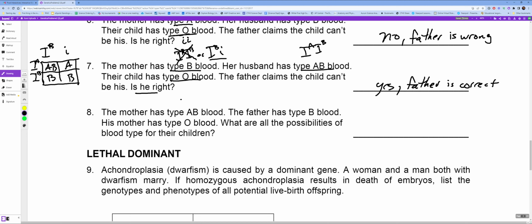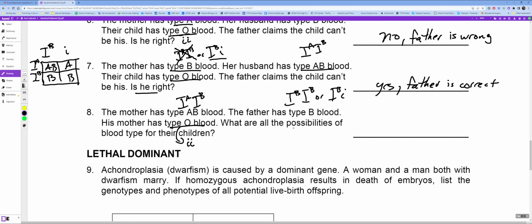Mother has type AB blood, IA, IB. Father has type B, which is either IB IB, or IB little i. His mother has type O blood, little i, little i.